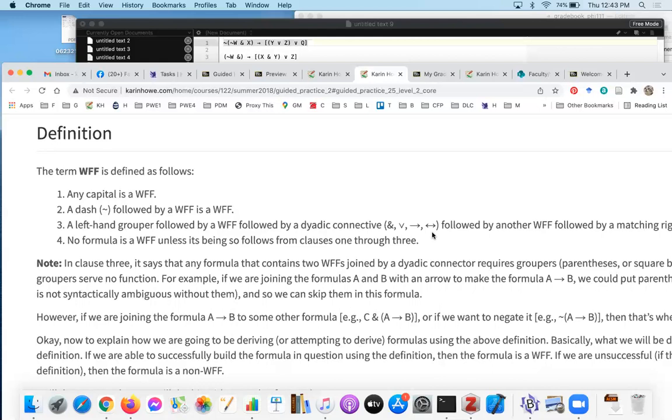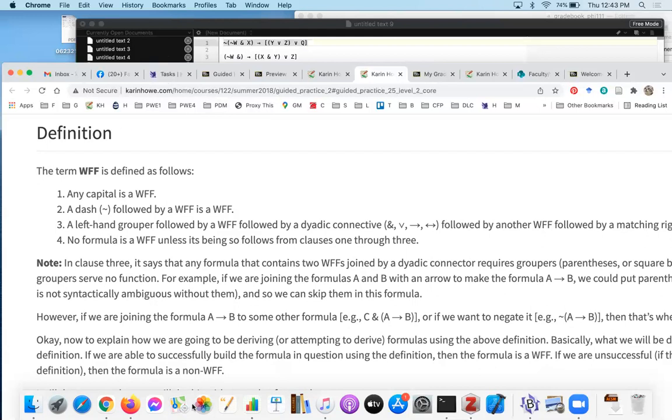Either we will succeed, in which case it's a well-formed formula, or we will fail, and we will fail in such a way that we'll see there is no way we could succeed, in which case we have shown that it is not a well-formed formula. I will show an example of each so you understand what I'm talking about.